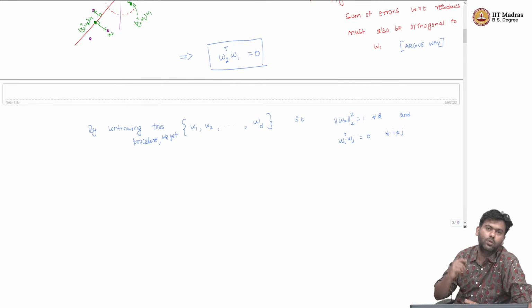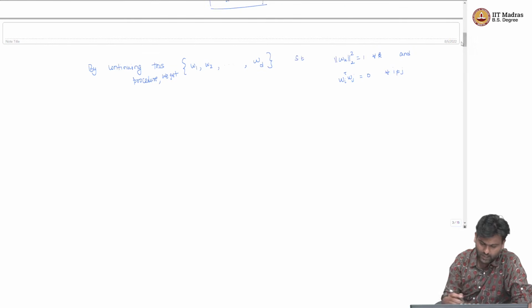Basically you get W3 which is orthogonal to both W1 and W2, W4 which is orthogonal to all the previous ones, and so on. So, basically what we have ended up getting is a set of orthonormal vectors.